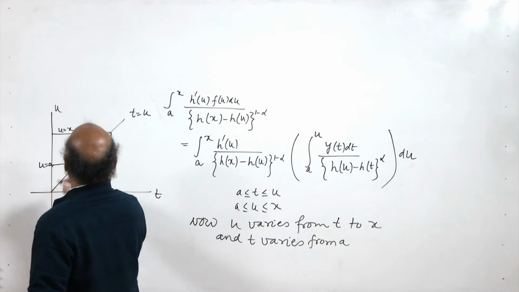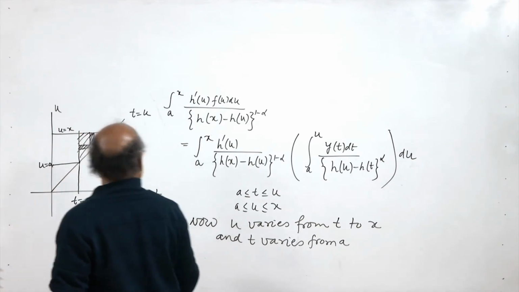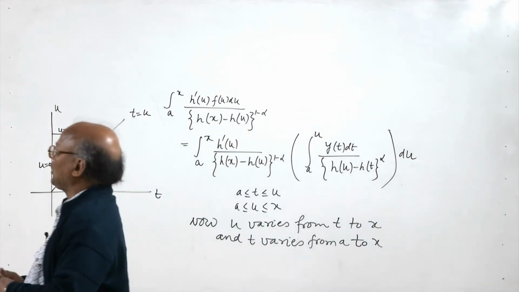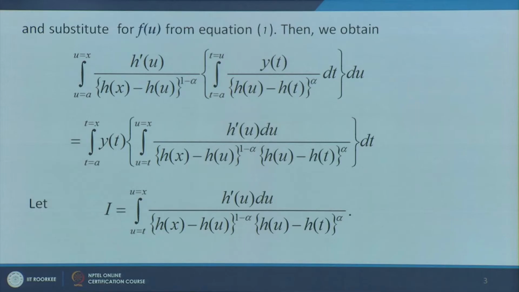So what we have is this integral where t varies from a to x, φ(t), u varies from t to x, h prime(u) du divided by (h(x) minus h(u)) to the power 1 minus alpha, (h(u) minus h(t)) to the power alpha, dt. So this is the correct figure where we are taking t on the horizontal axis, u on the vertical axis, and the shaded region is the region over which we are integrating.